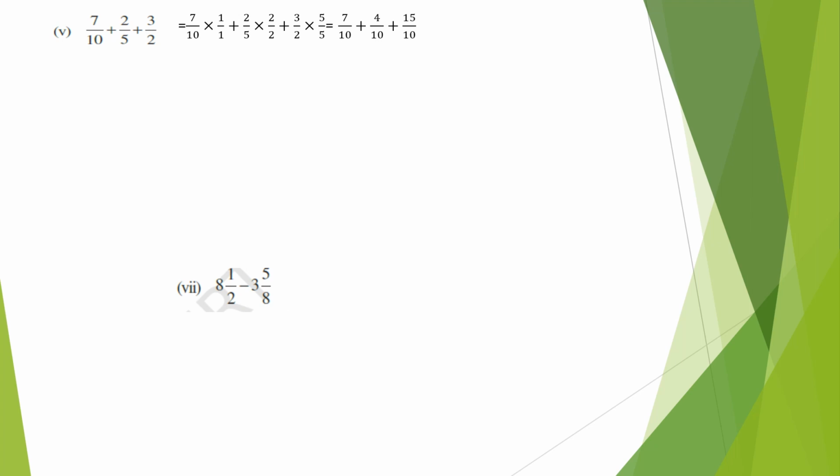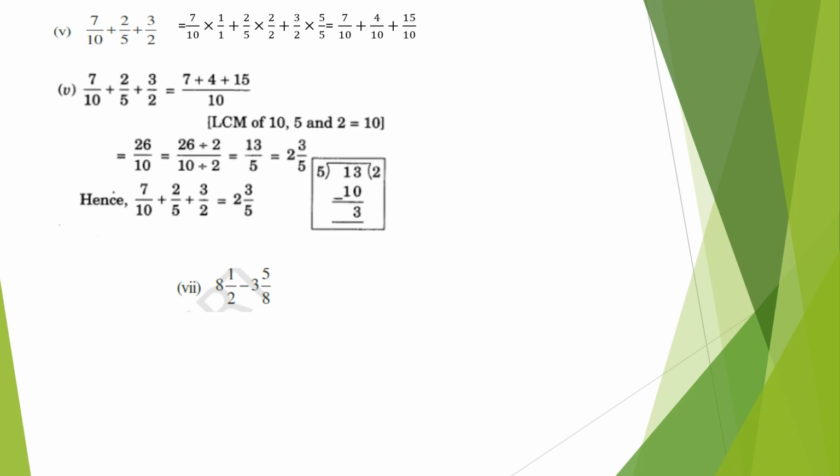Plus the third fraction is 3 by 2 whose denominator is 2. To make the denominator equal to the LCM, we can multiply this fraction by 5 upon 5. So the expression becomes 7 upon 10 plus 4 upon 10 plus 15 upon 10.